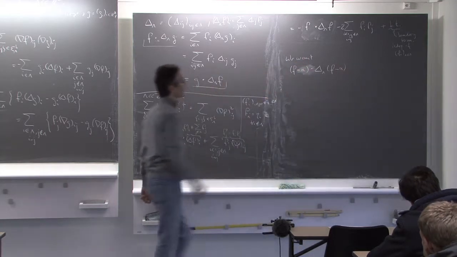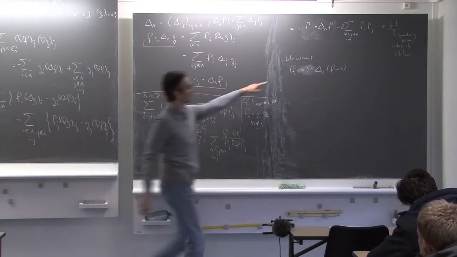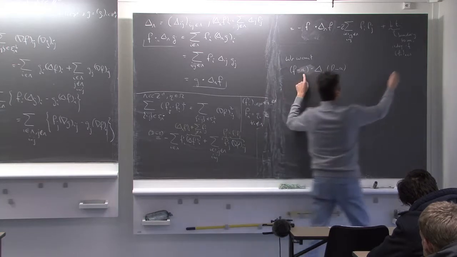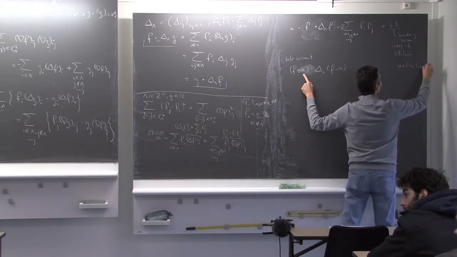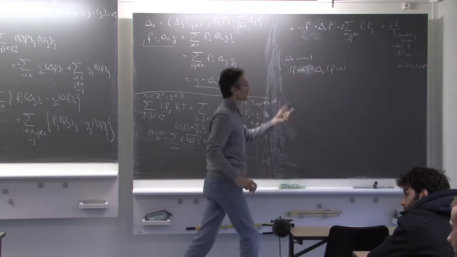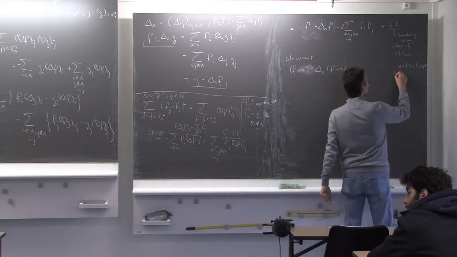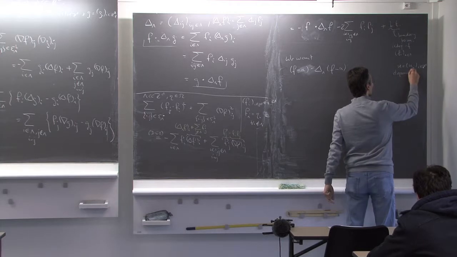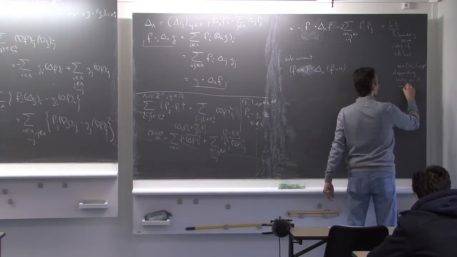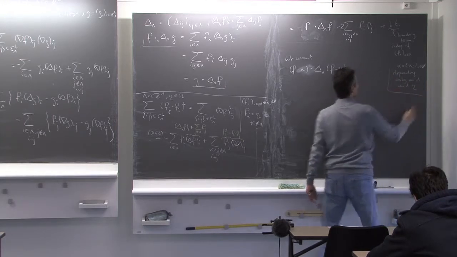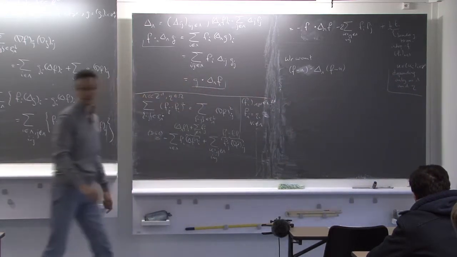I don't want something which has this shape, I want something which has this shape, where u is just a collection of real numbers depending only on lambda and eta. I would like to rewrite this in this form.